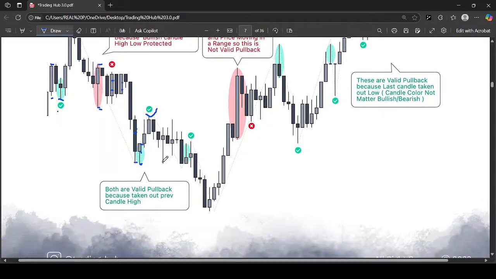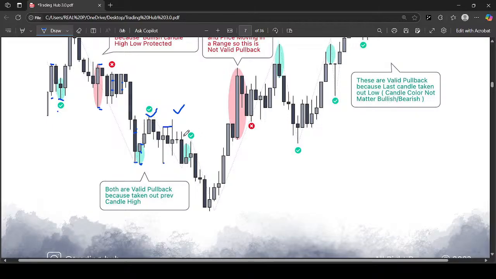Price continues to go down. This candle and this candle. So here also, maybe it was not indicated, but we have a good pullback. Okay.